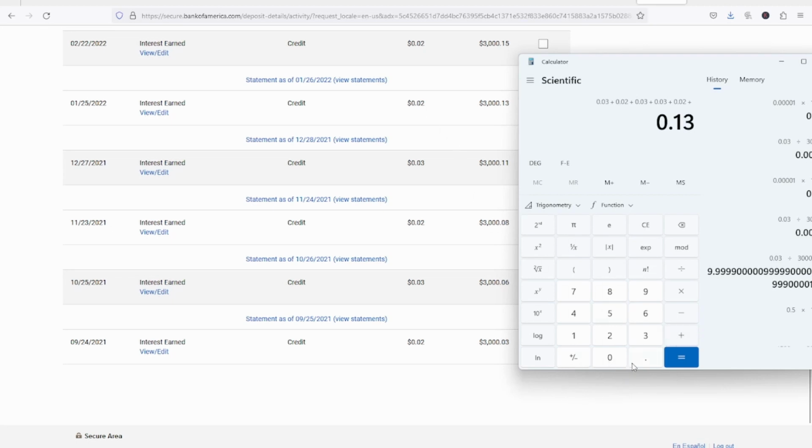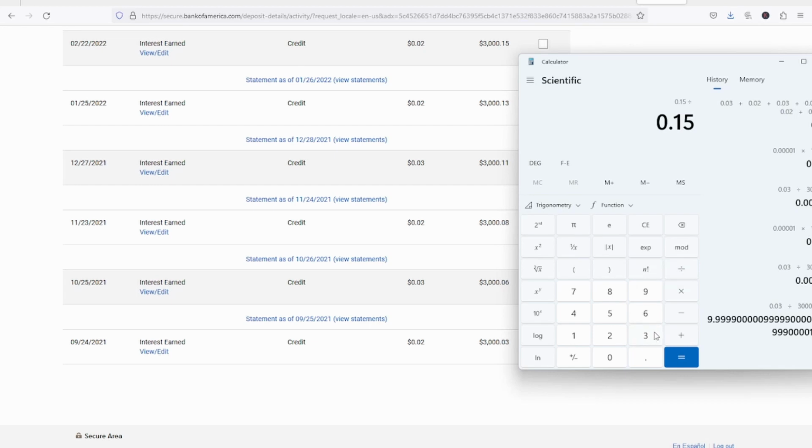That's 15 cents over a 6-month period. So what is my interest earned over a 6-month period? Divide that by $3,000.